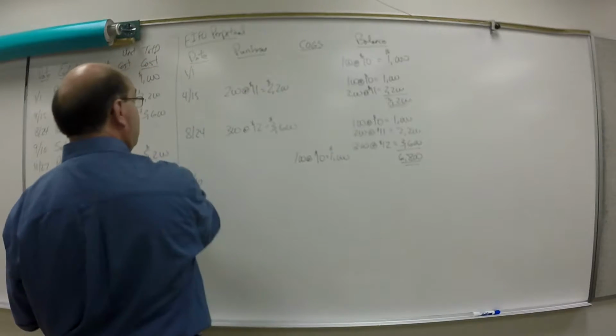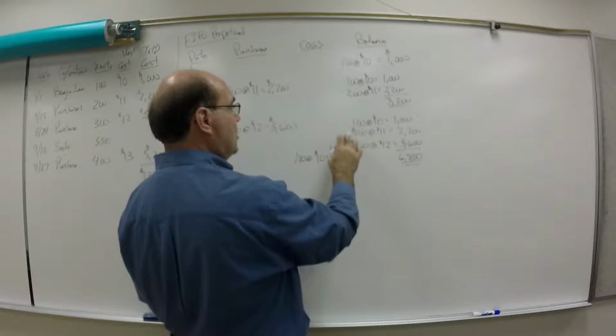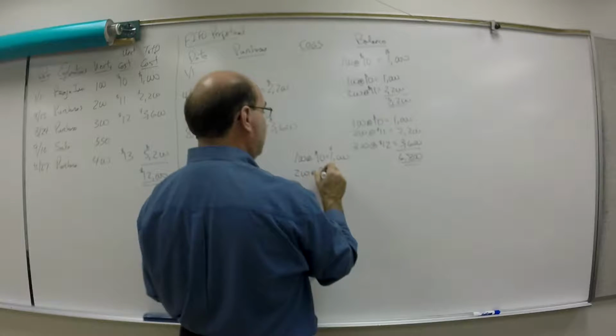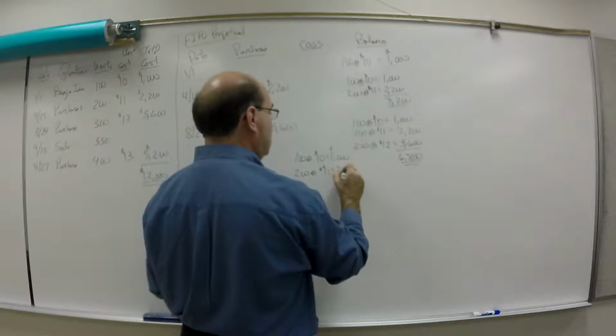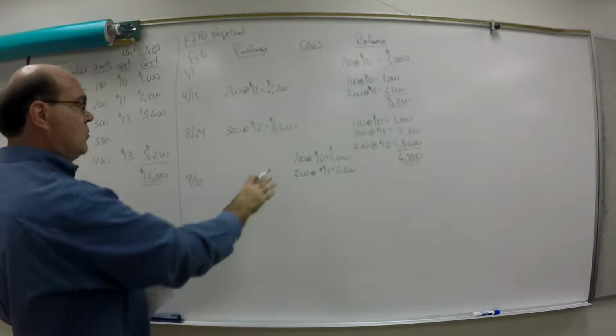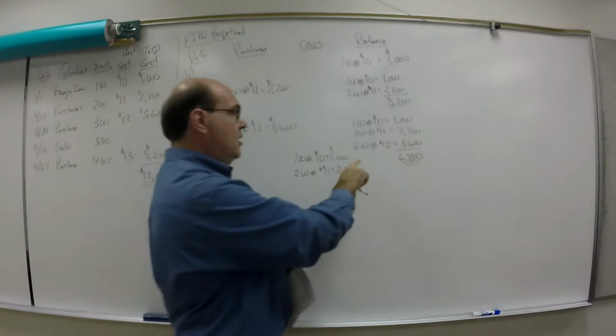But we have 550, so we have to go to the next level, okay? Here's our 100. So then we go to our 200. That's at $11. That's 2,200, right? And then we go, okay, well, that's 300. We need another 250, right? Do we have 250 in here?